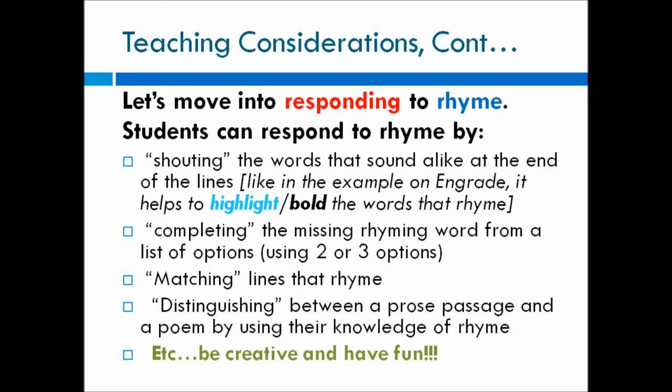You can actually go into having students distinguish between prose and poems by using their knowledge of rhymes. At this point, it's time to start being creative and having fun teaching poetry once we have understood the TEK and all of its important terms.